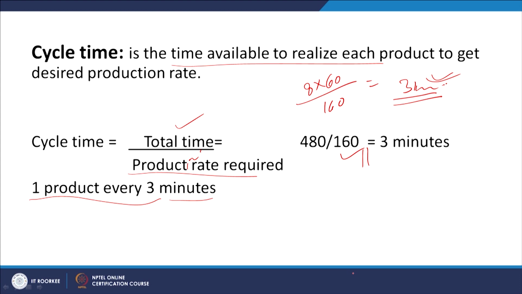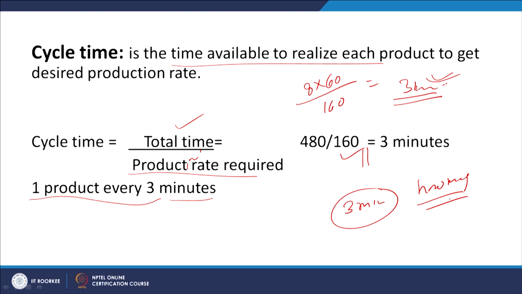This cycle time, say 3 minutes, will be helpful in identifying how many stations we should have in a particular line or product layout.